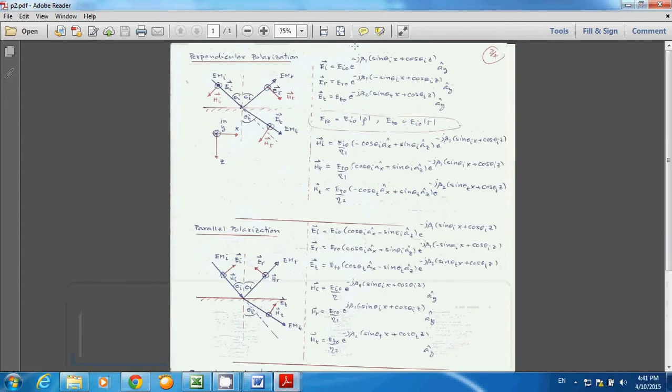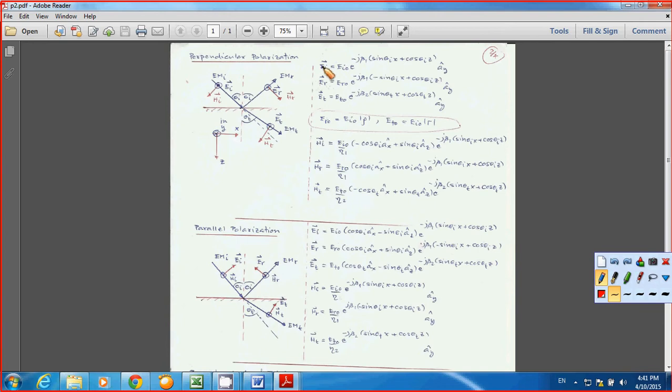Okay, now let's write the equations for electric fields and magnetic fields. There's something I would like to point out. For the perpendicular polarization, the electromagnetic wave is coming in this way here, shown by the arrow, and reflected back. For the components of the electric field, they all have a component in the y axis, as represented by the rectangular coordinates here. This is x, this is z, and this is y.